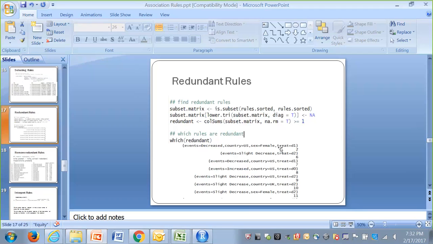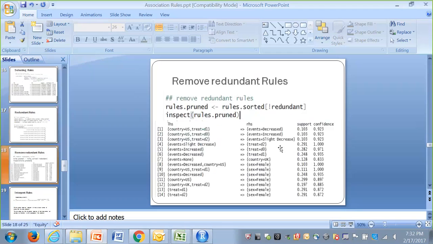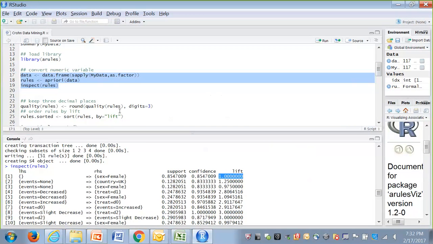Those are the things you want to prune and remove from your data to get more value out of it. So removing redundant rules is called pruning. You compare your initial rules with the rules that are rules within rules, subsets of data, which don't make sense. I'm going to run through that shortly to give you an example.